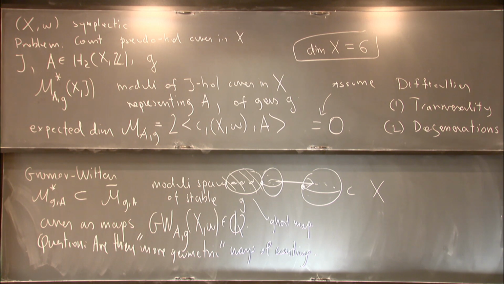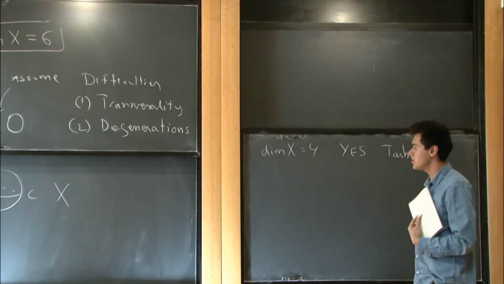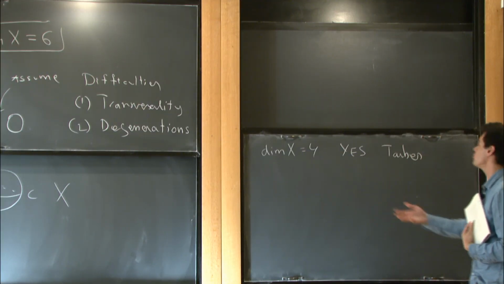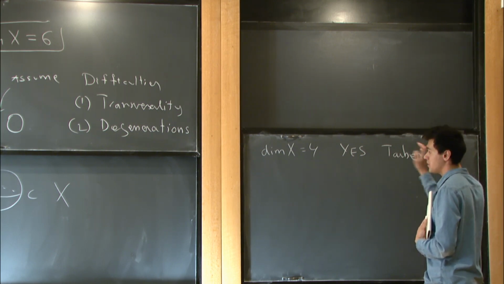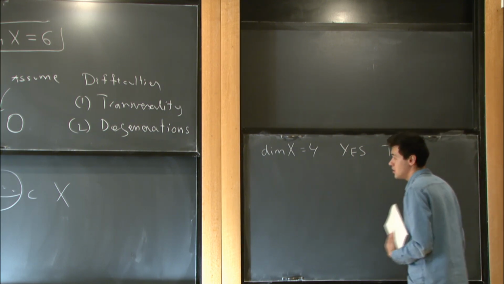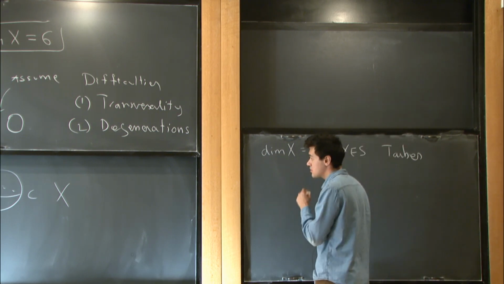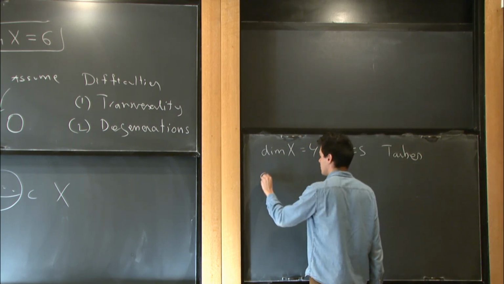So if the dimension of X is 4, then there is something called Taubes's Gromov invariant, which essentially counts embedded J-holomorphic curves, but with some weights on them. And maybe I'll talk a little more about this later. But also there are some invariants that come from algebraic geometry.